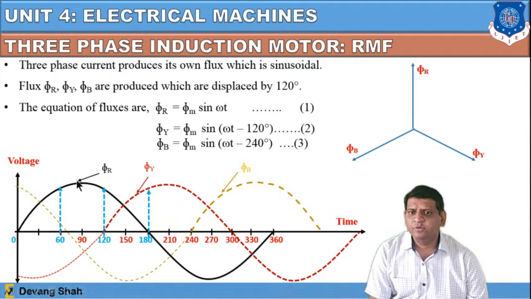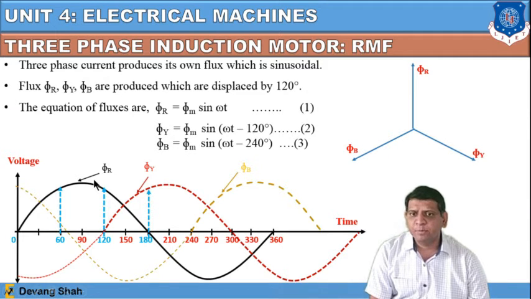The maximum value is phi m, so phi R is equal to phi m sine omega t. After 120 degrees there is the production of phi Y, and after 240 degrees there is the production of phi B. In terms of the waveform, this mathematical representation is the production of magnetic flux in the three-phase induction motor.